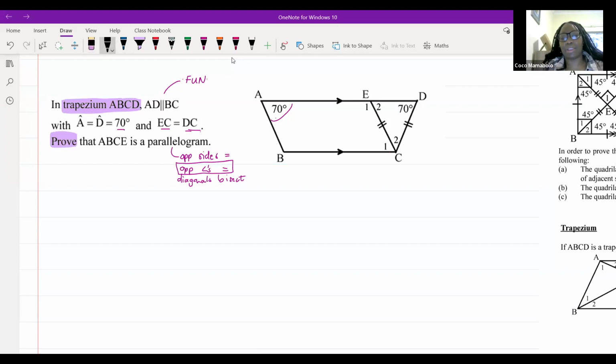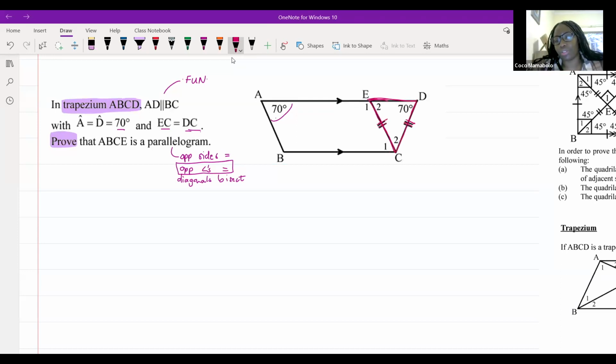Let's start by looking at opposite angles being equal, right? I'm going to look at this shape over here. Do we all see that we've been given a triangle over here? I know that if I have a triangle that has these 2 things over there, it's a certain type of triangle.